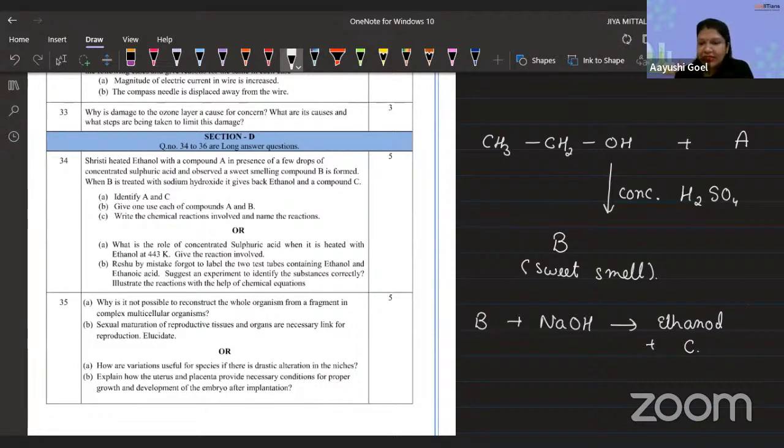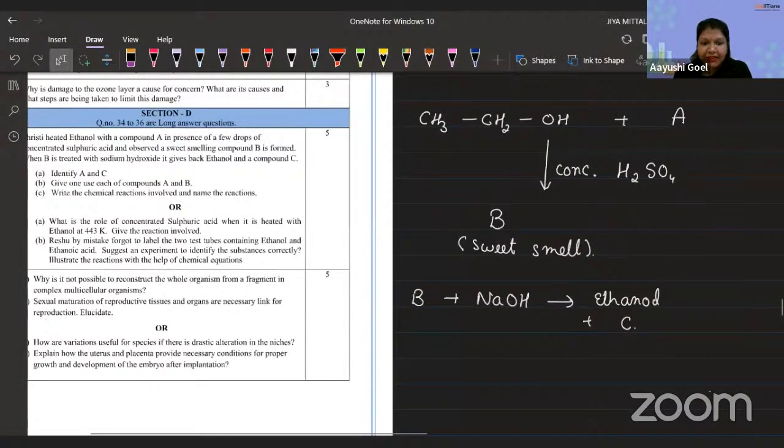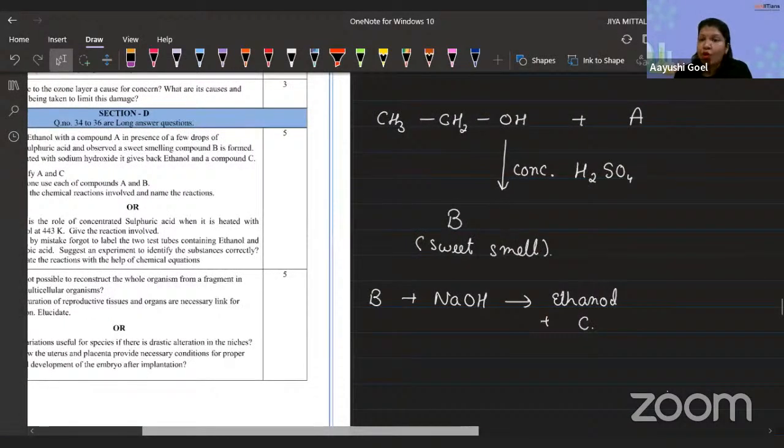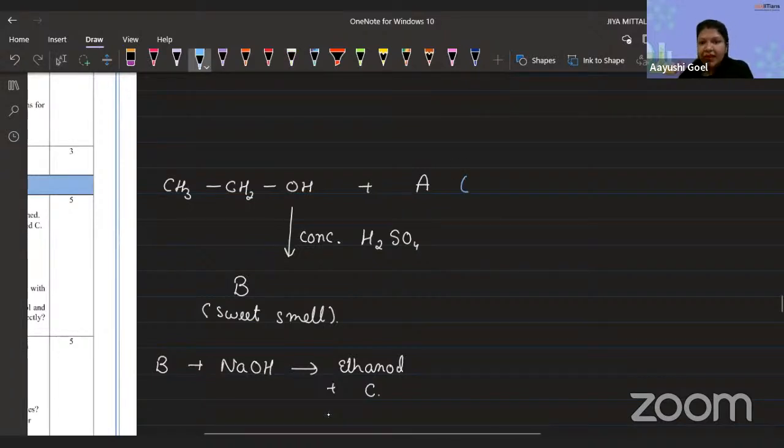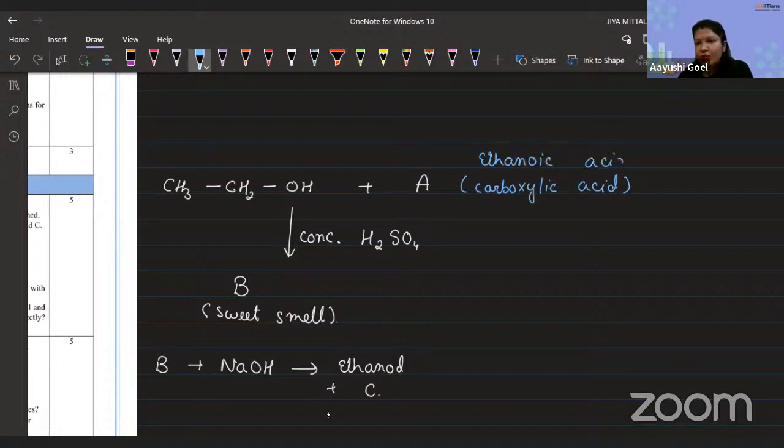So this is a direct reaction which is given in the NCERT. That is, A will be any carboxylic acid. In the NCERT, it was given as ethanoic acid. So you can write ethanoic acid also. That will be CH3COOH. Now, a simple trick to remember the reaction.